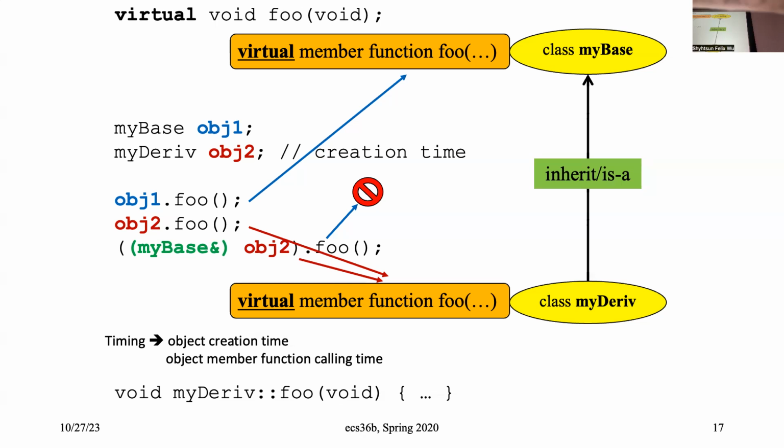Based on that information, you can determine which version of the function you should call. That information won't be available until runtime. That's why the compiler can't do anything. So this kind of casting doesn't matter.